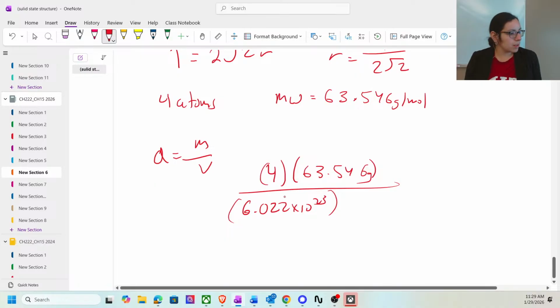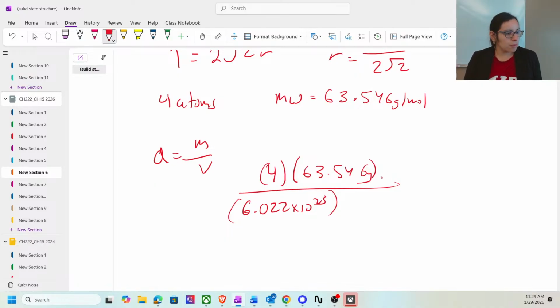And so now we can solve for volume, it looks like. Now plugging in 8.96 grams per centimeter cubed. Sorry, let me pull up my calculator.